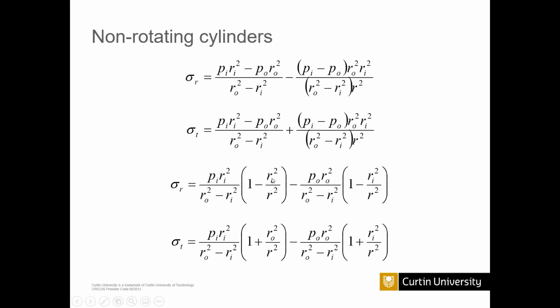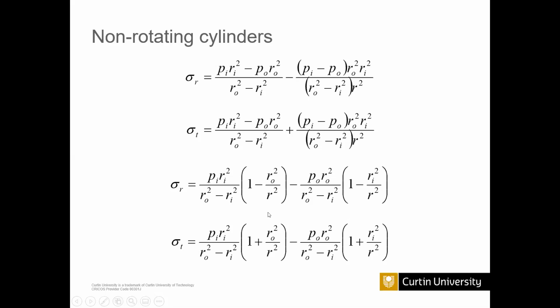Other things are constant. This one is also constant. So these two are variable. This is the tangential one, same thing. You can easily keep this equation in mind rather than this one, which is very difficult to keep in mind.